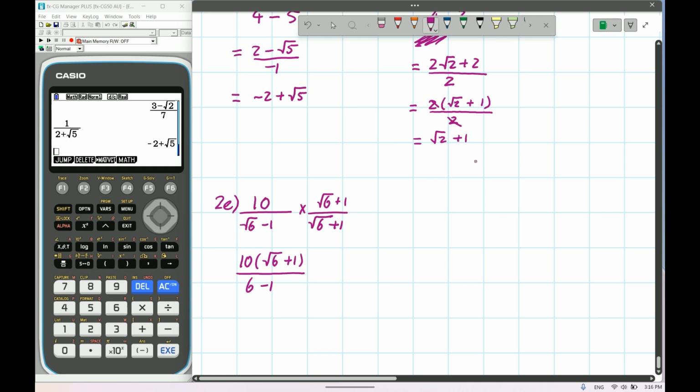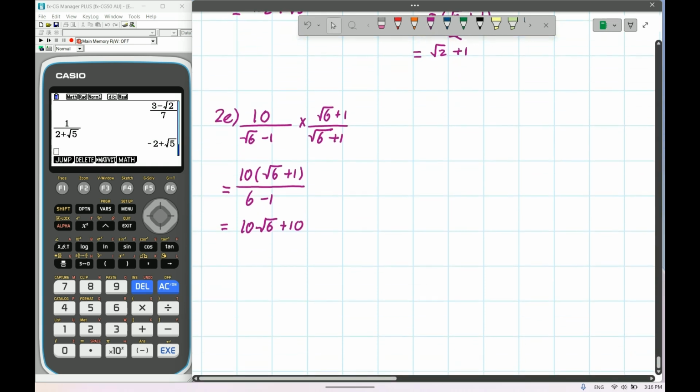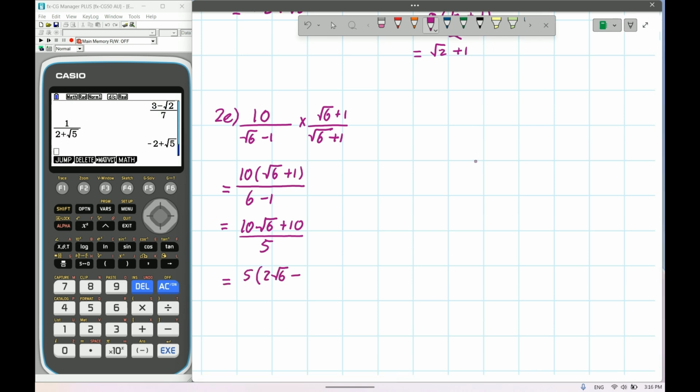And so what we have here is 10 root 6 plus 10 all over 5. And we can factorize some of this out, cancel off the 5s, and so what you're left with is 2 root 6 plus 2. Good answer.